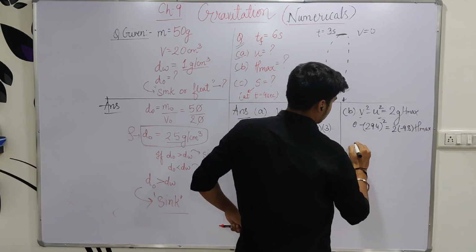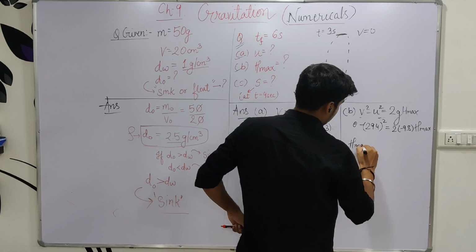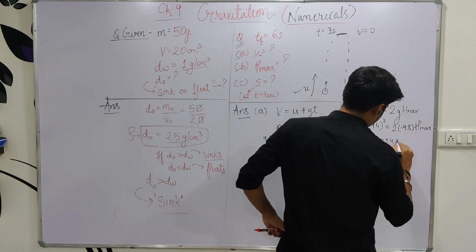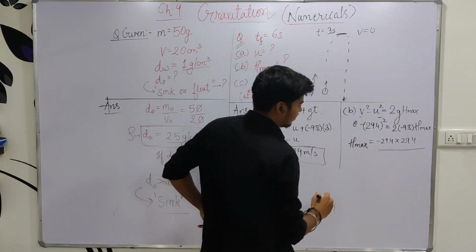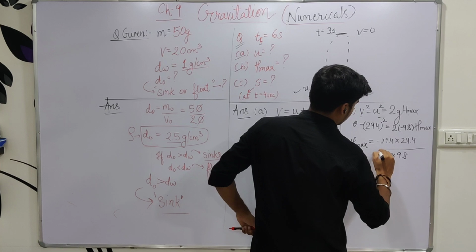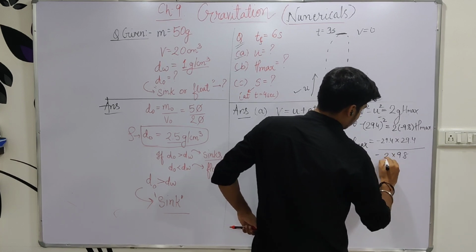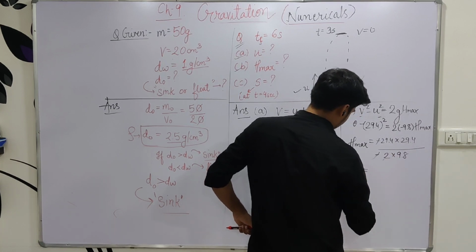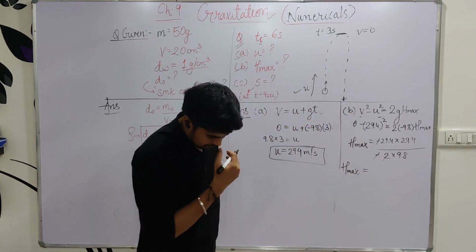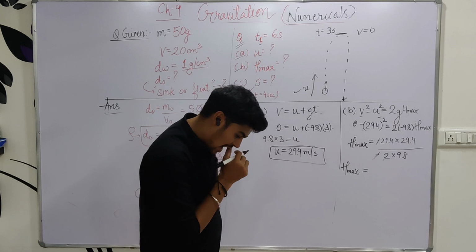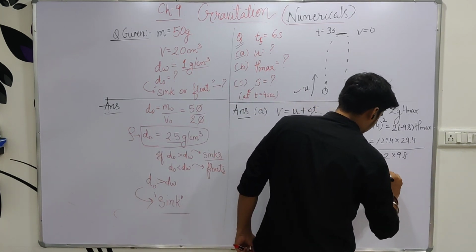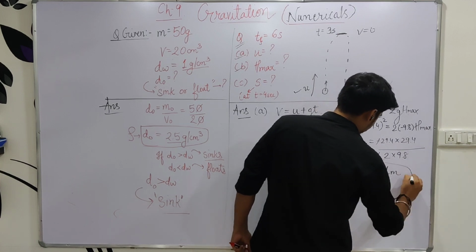So we will get h max is equal to minus 29.4 into 29.4 divided by minus 2 into 9.8. Minus minus cancel. On solving, we will get the maximum height as 44.1 meter.